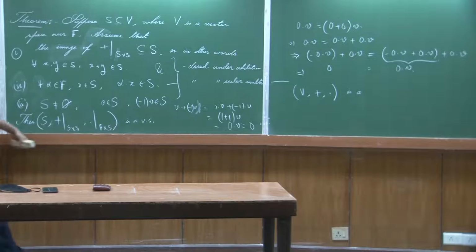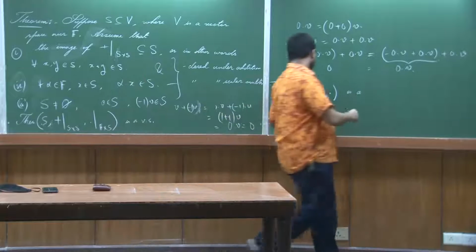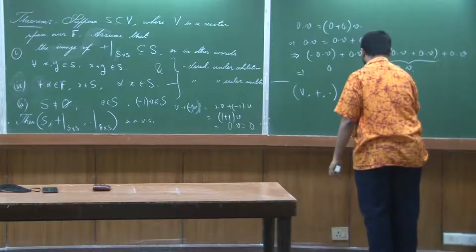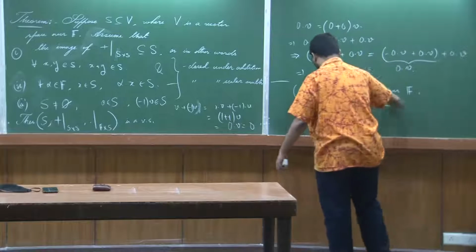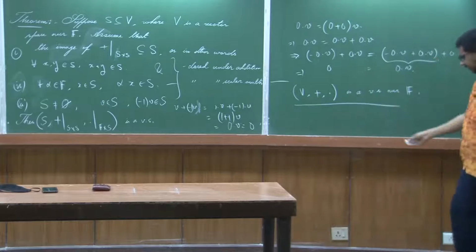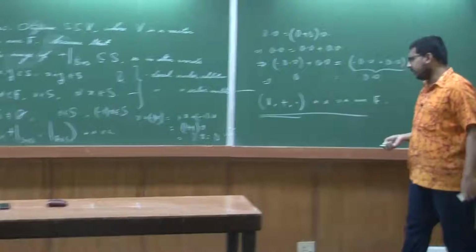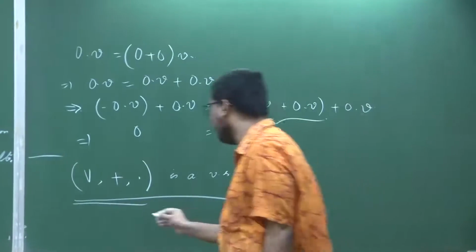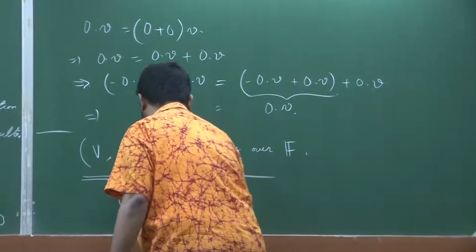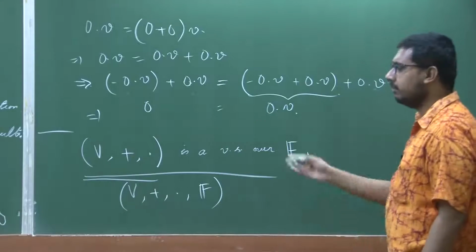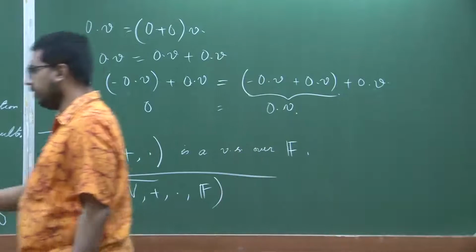Another way is to write it as a triplet and say V is a vector space over F, just a formal tuple, or some people simply say that V, plus, dot, F is a vector space. Okay, these are several ways to say the same thing.